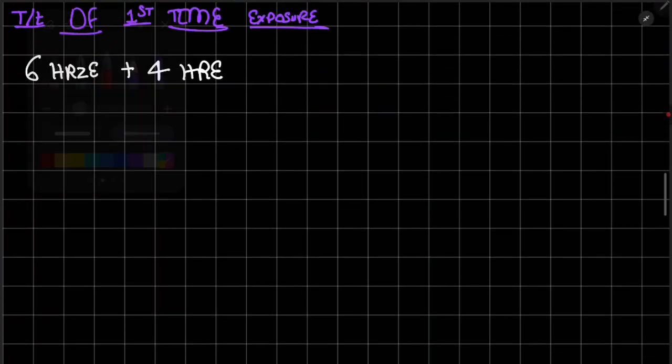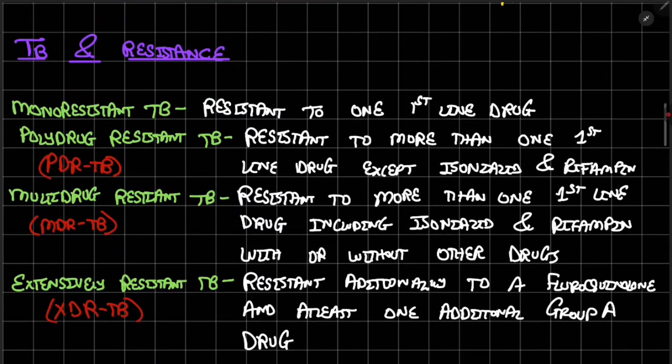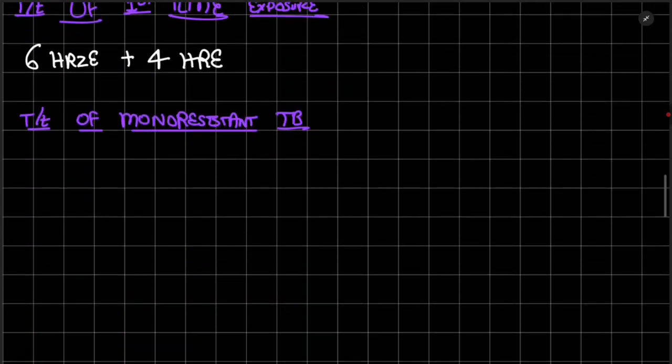Okay, now we are ready to start the treatments. Treatment of mono-resistant TB. Tell me one thing, what was mono-resistant TB? Mono-resistant TB was a TB in which there is resistance to only one first line drug.